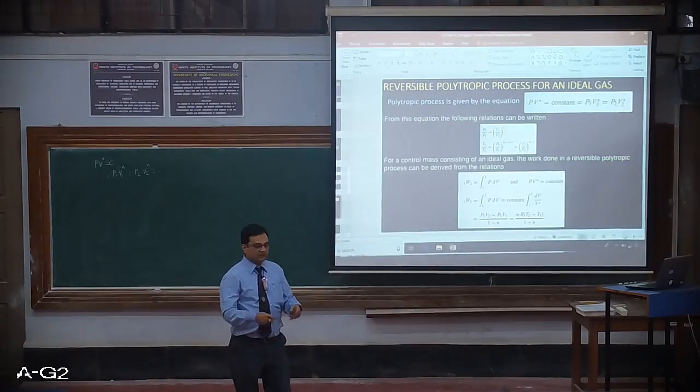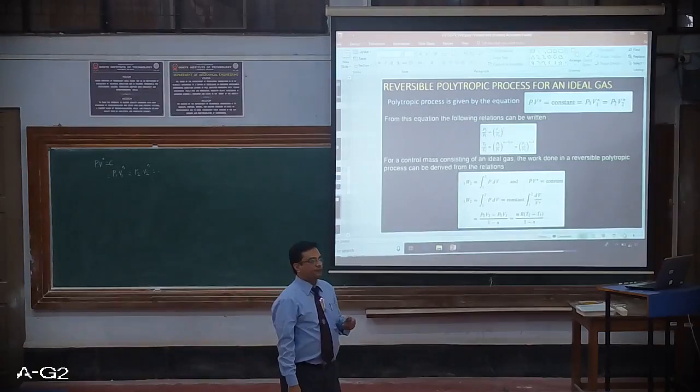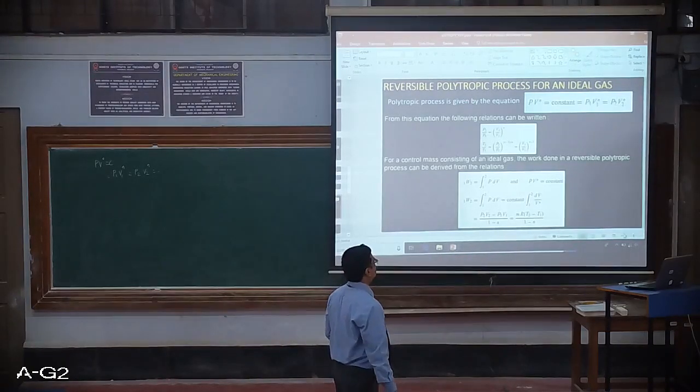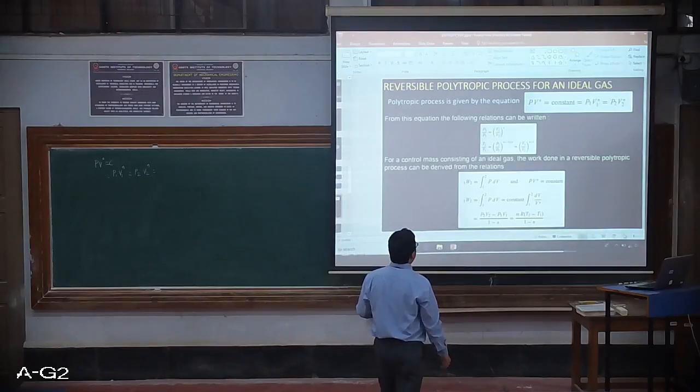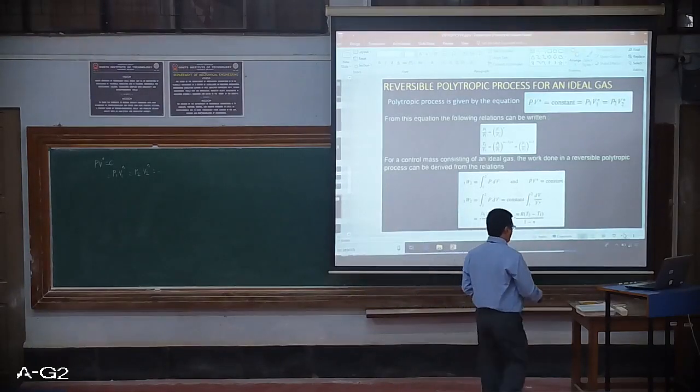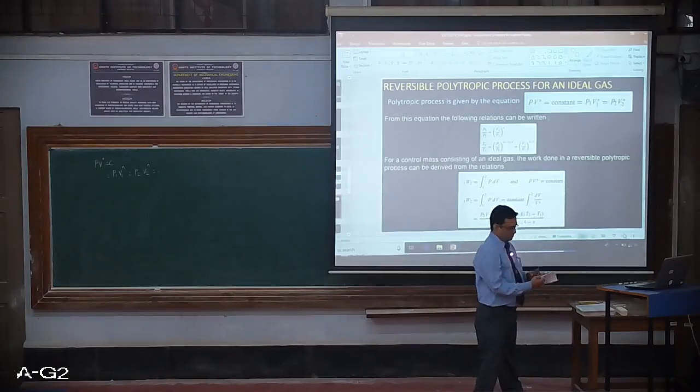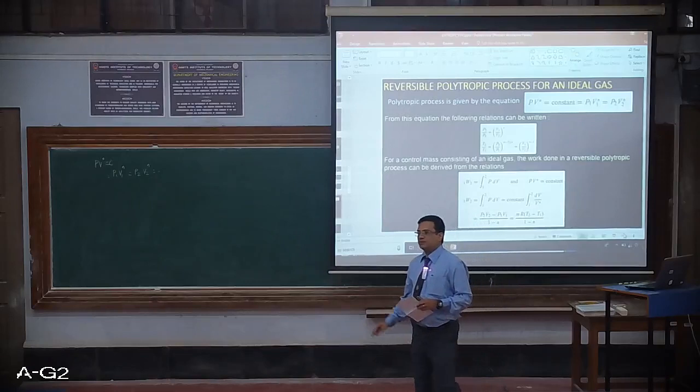Now if it is reversible and we want to apply it for an ideal gas, how is the equation going to be? We are using some combination of properties here again. So let me develop those expressions which we will be using here.